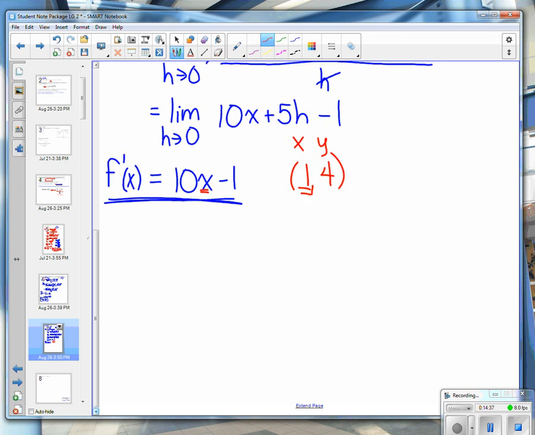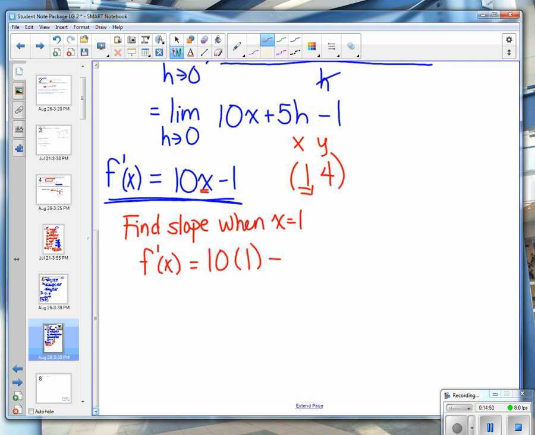So this is our derivative. We want to find our slope when x is equal to 1. So let's do that. I've got my derivative or my slope. I've got 10 times 1 minus 1. So that's obviously going to give me 9.